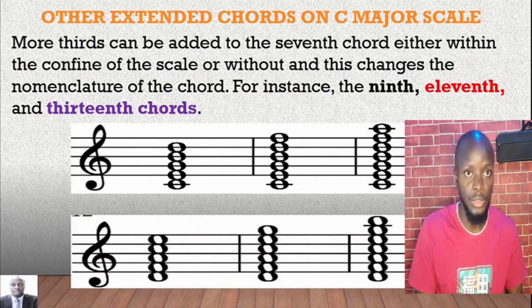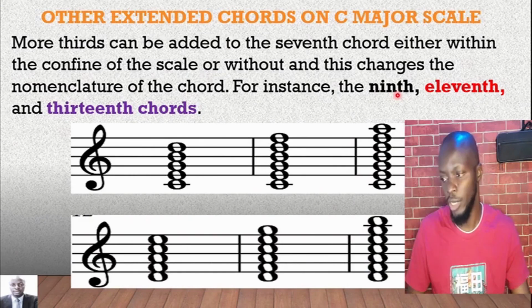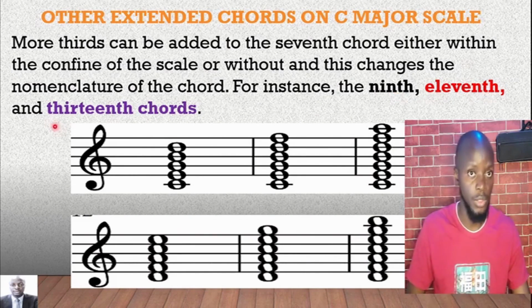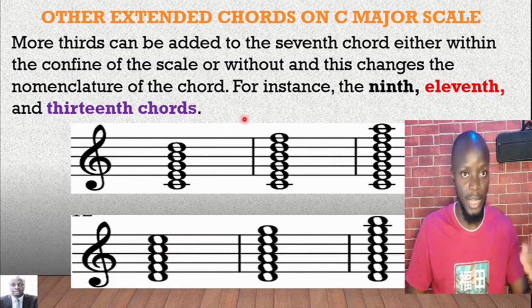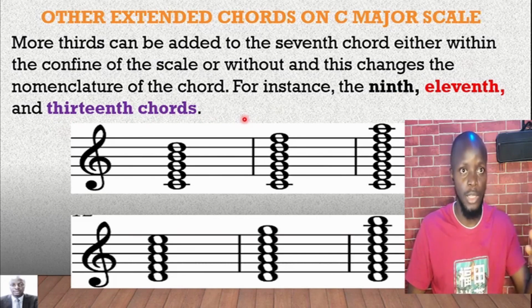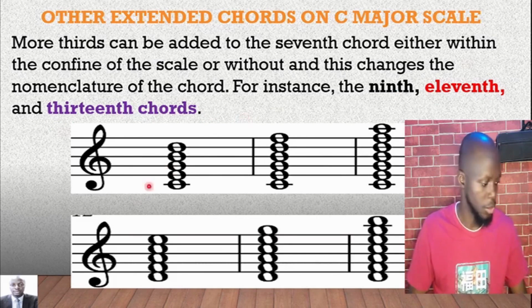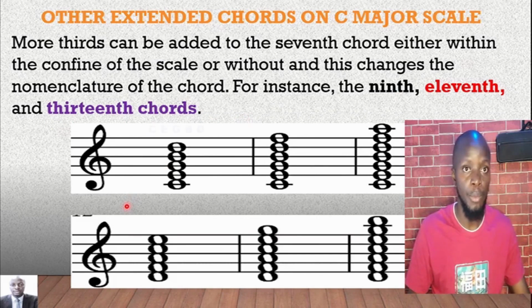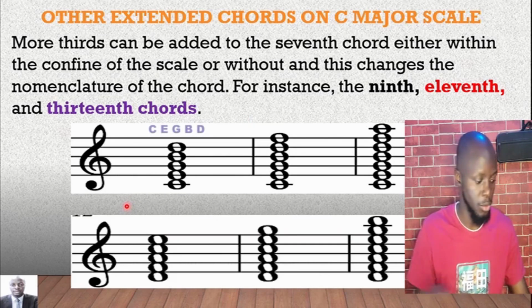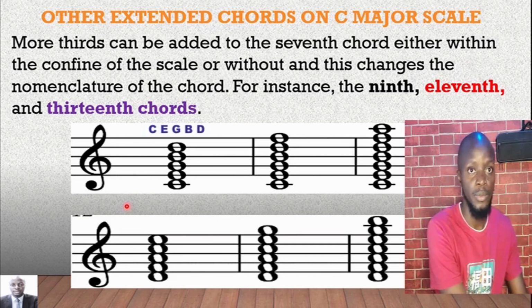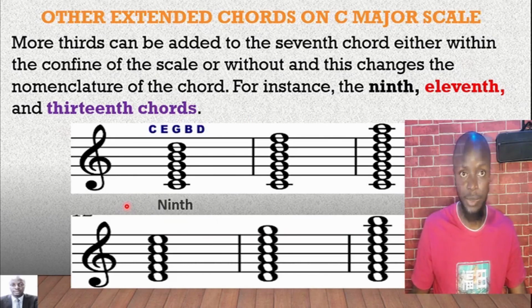In that case, we can have the 9th, the 11th, and the 13th chords. Above the 7th, you can have the 9th, the 11th, and the 13th. Quickly, if you add a third above the 7th, you have this, and that is a 9th.